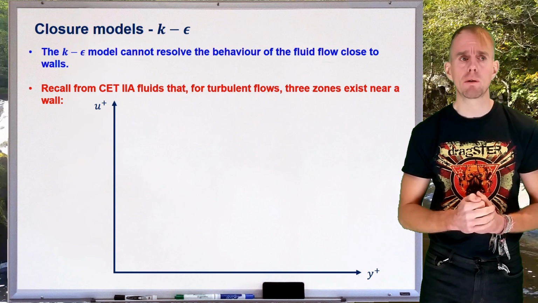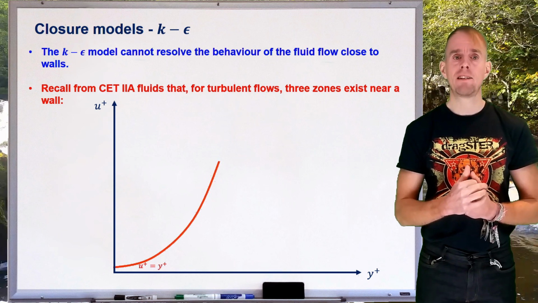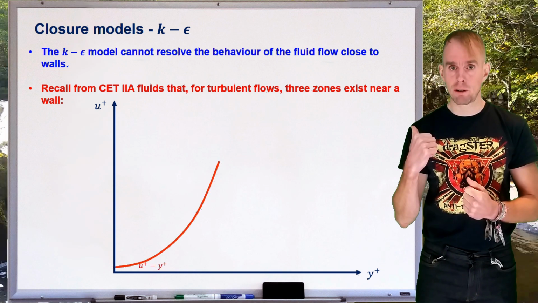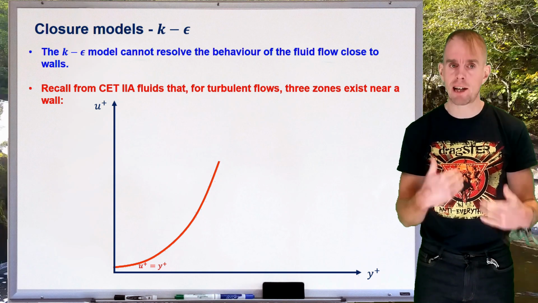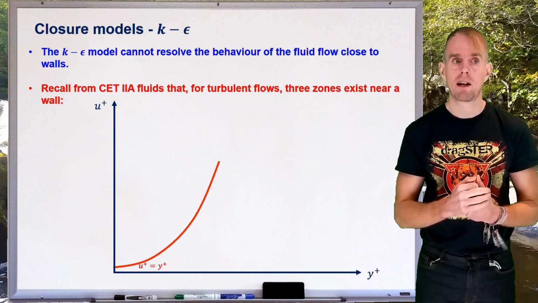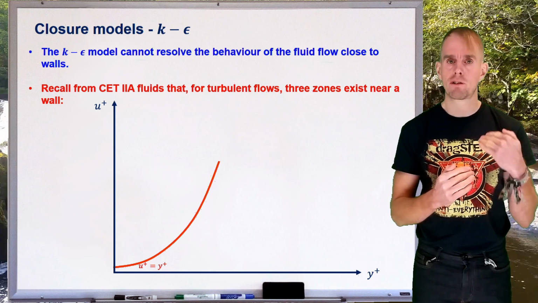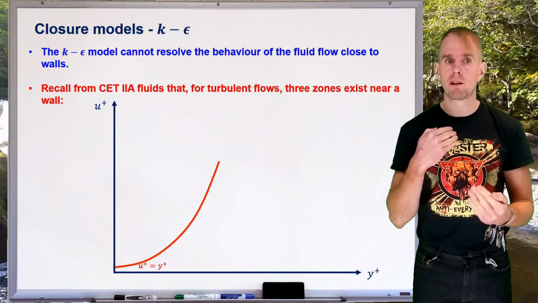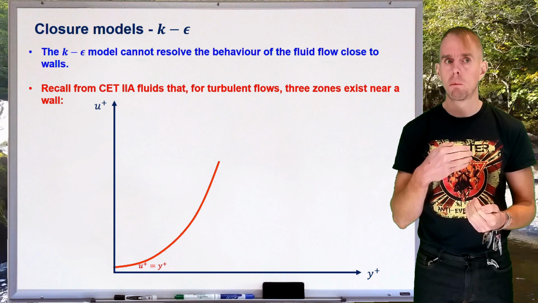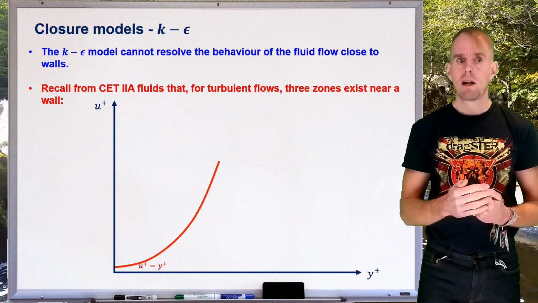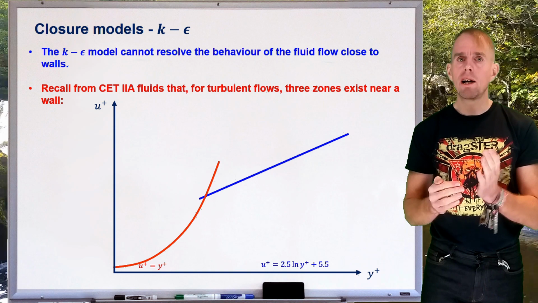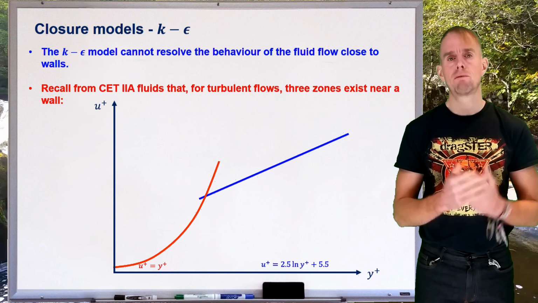So, as we look near the wall, there is a linear region. It's a curve on these axes because, don't forget, this sketch has logarithmic axes. And very close to the wall, you have the non-dimensional velocity u plus equal to the non-dimensional distance away from the wall y plus. As we look quite a long way away from the wall, we find a different regime of behaviour.